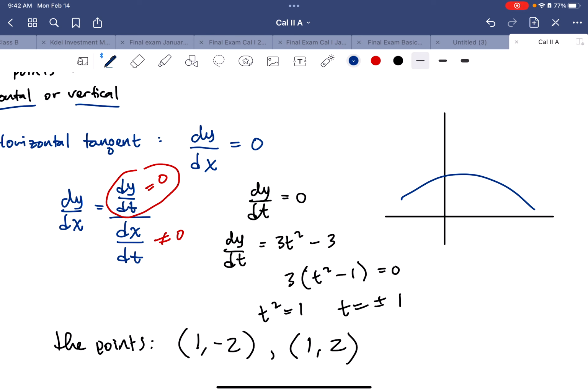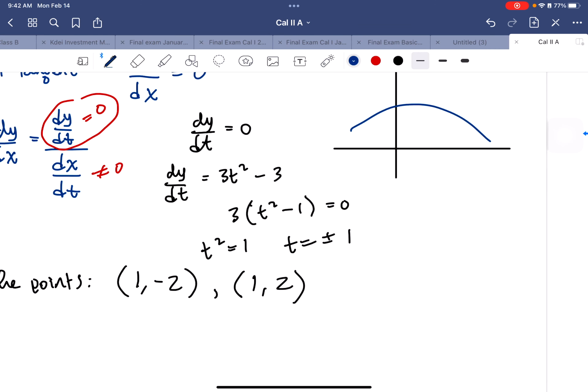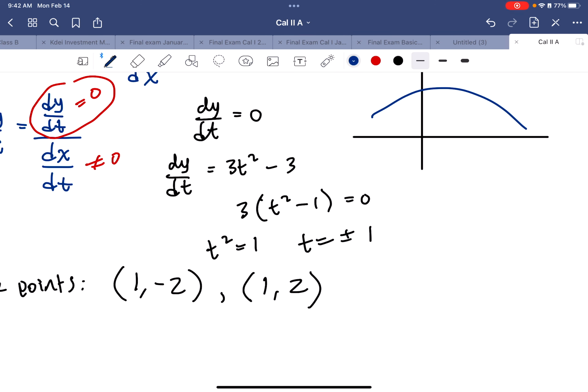It's going positive, and then 0 when it's horizontal, so dy over dx is 0, and then going down it is negative. Okay? The vertical tangent. So when is our slope vertical?